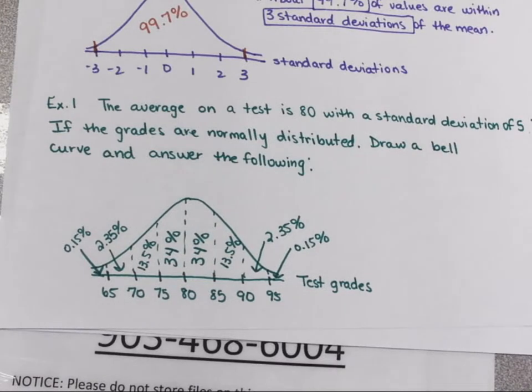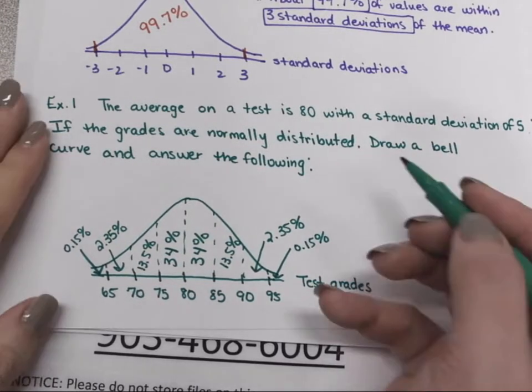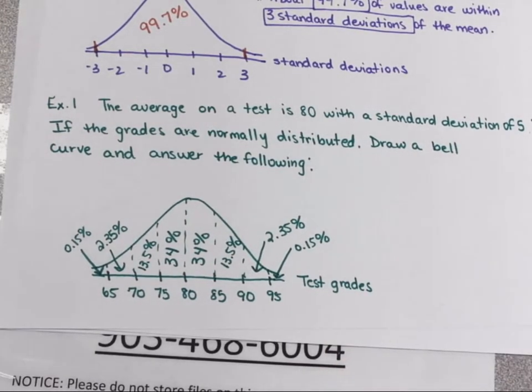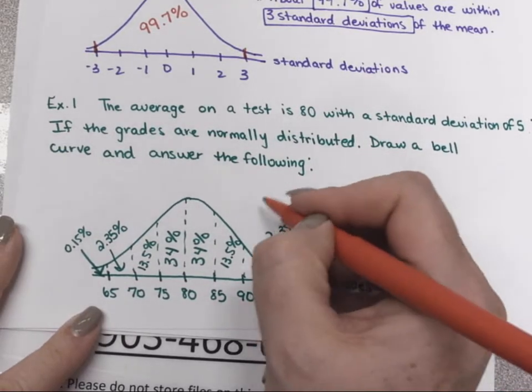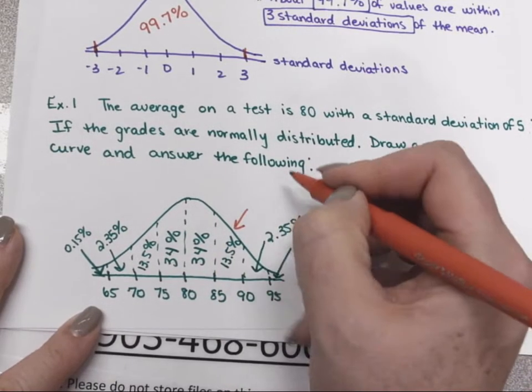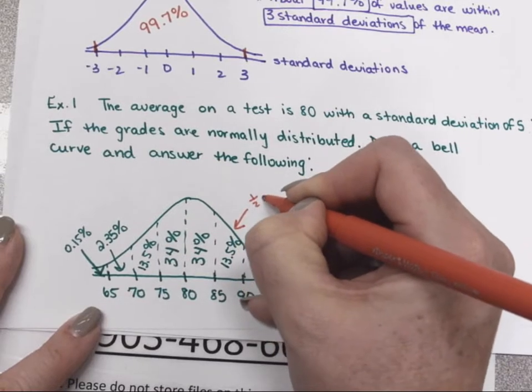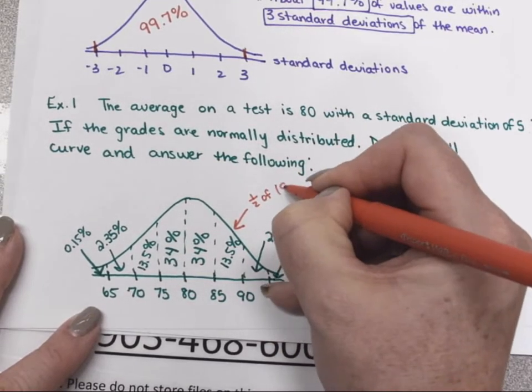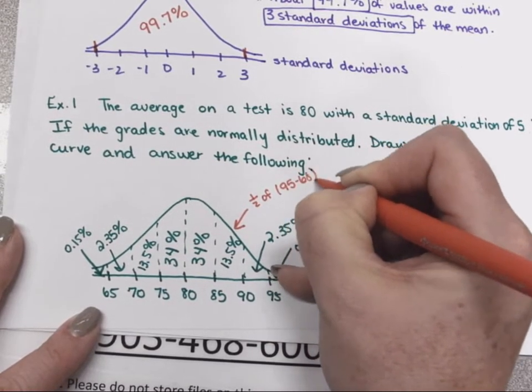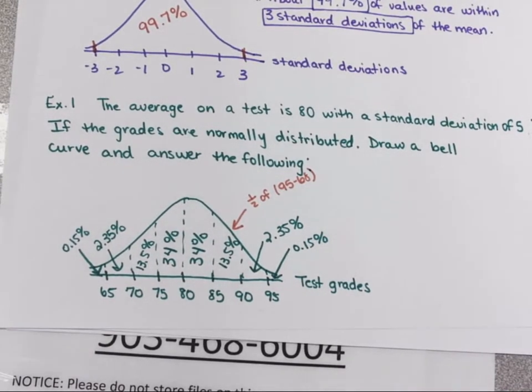Okay, so just to point this out so that later on you're not wondering, where the heck did we get this? To get this, we did 1/2 of 95 minus 68. That's how we got the 13.5.